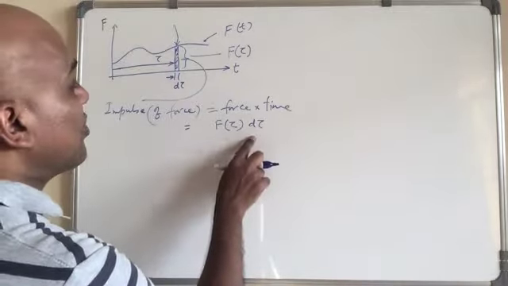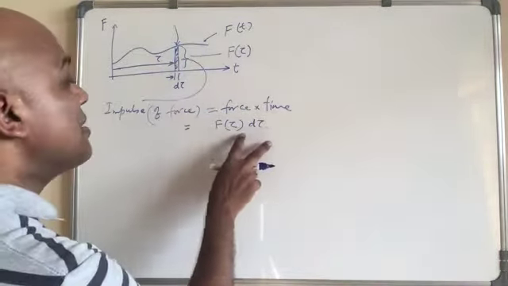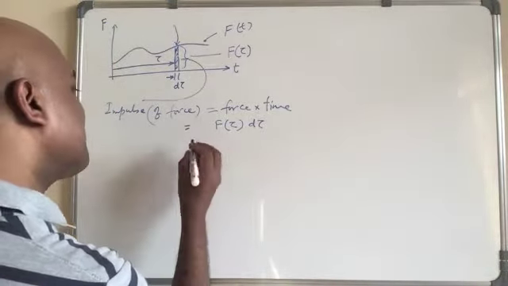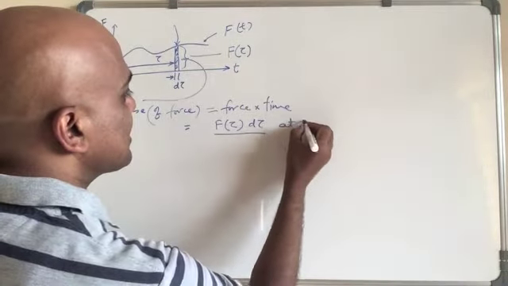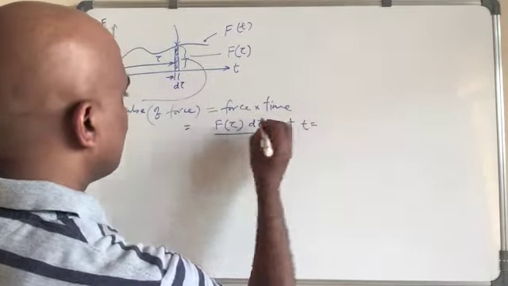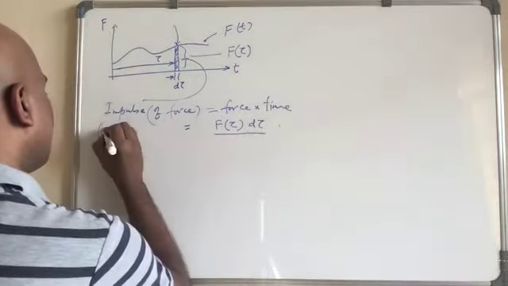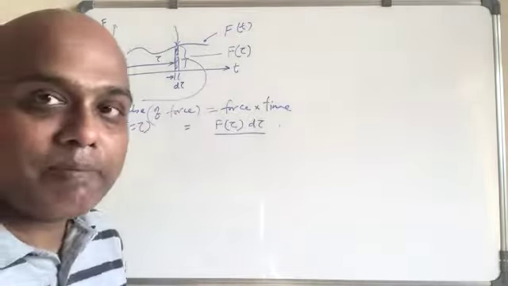How will we write this impulse of the force at t equal to tau mathematically?